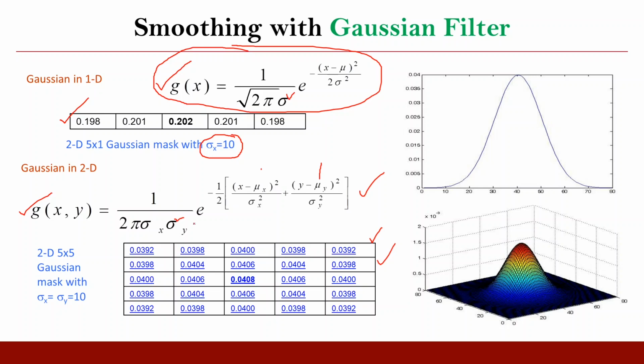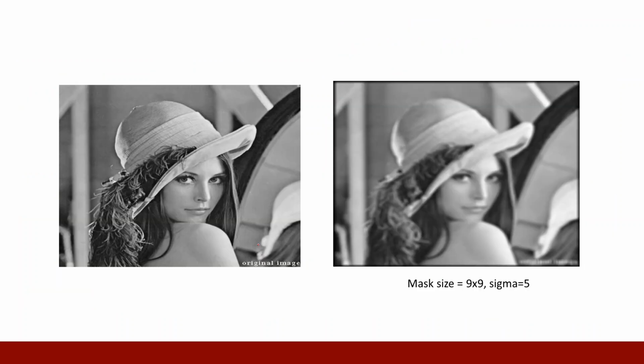Normally we will choose sigma x and sigma y the same. So in most cases you will find that sigma x and sigma y are equal. By using these equations we can generate these Gaussian operators, and we can use these operators to smooth out our image.